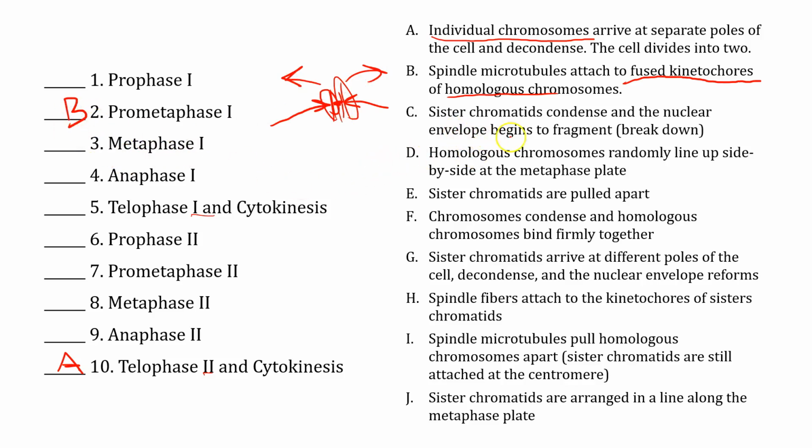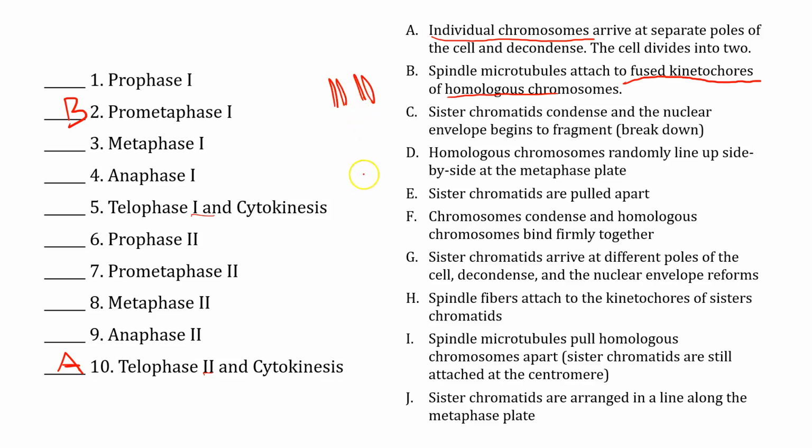Okay, the next one down, sister chromatids condense and the nuclear envelope begins to fragment or break down. Well, the condensing of DNA and the breakdown of the nuclear envelope, this is prophase. So then again, the trick is just determining if it's prophase 1 or prophase 2. If it was prophase 1, it would actually be homologous chromosomes that were condensing down.